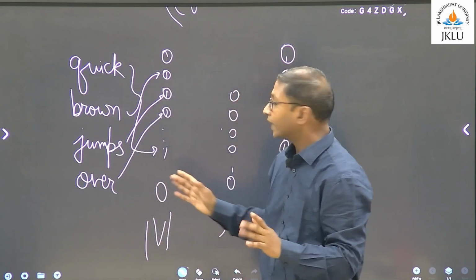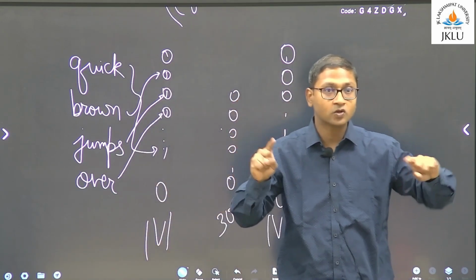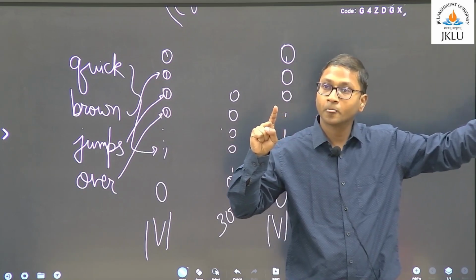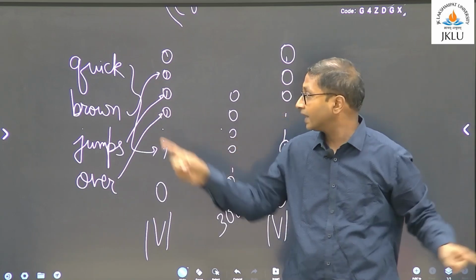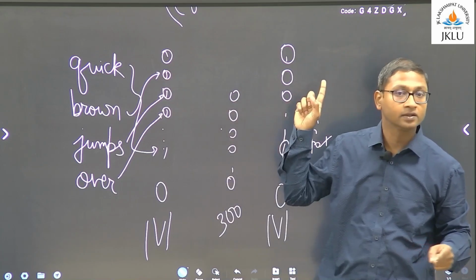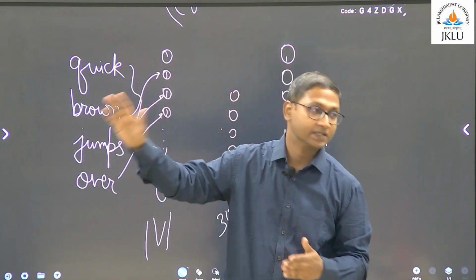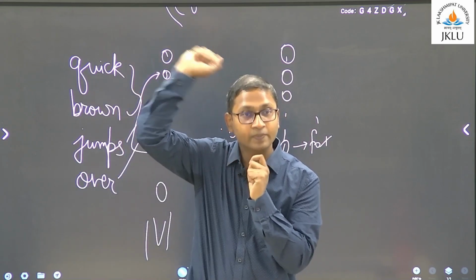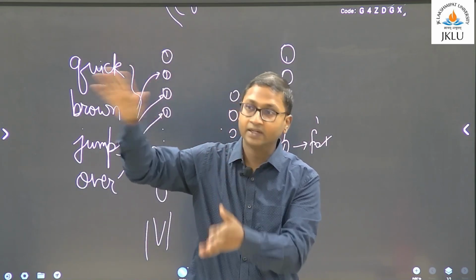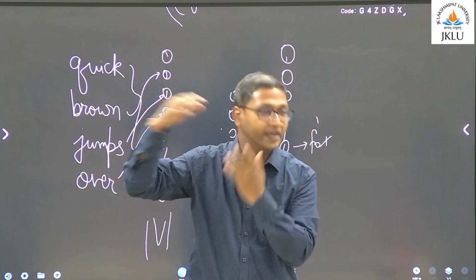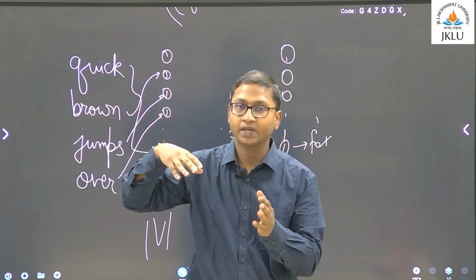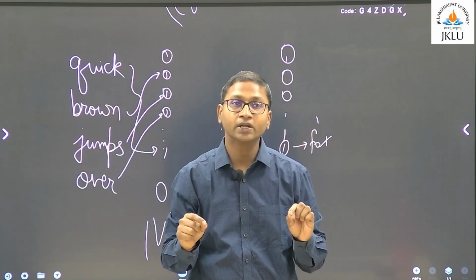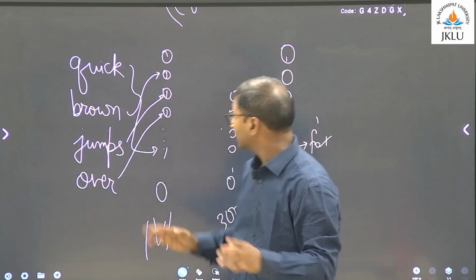But word2vec does not do this. Word2vec's objective is to learn word embeddings, and their training of this kind is to do something else. And they show that even though you are training for some other task, you can call it a side task, a fake task as people call it, your actual task is to learn word embeddings.